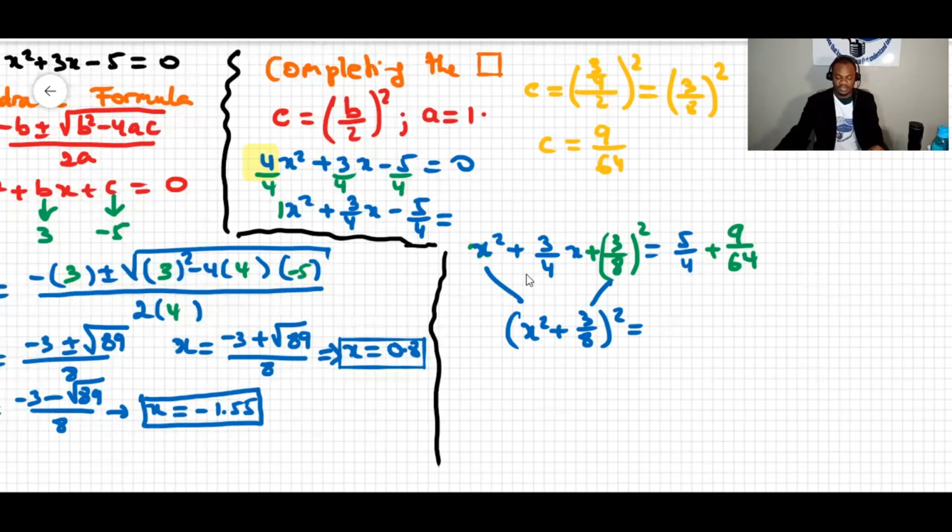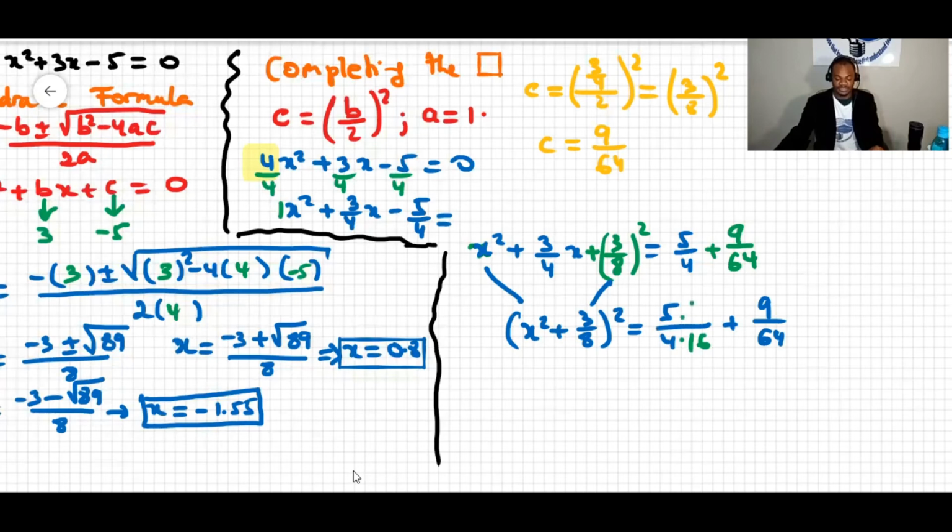Now we have 5 over 4 plus 9 over 64. I cannot work out this fraction unless I write them with a common denominator. So over here, I must times 4 by 16 in order to have 64.